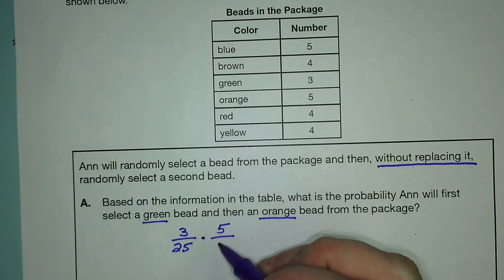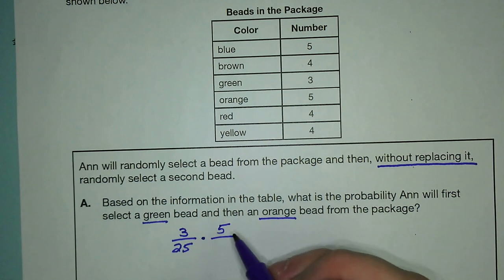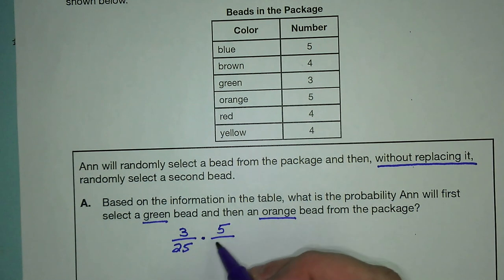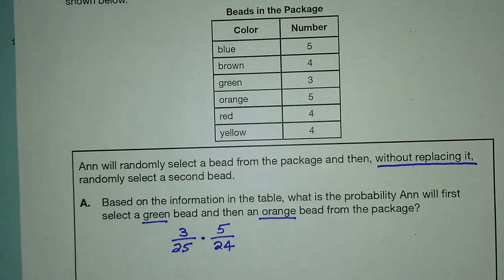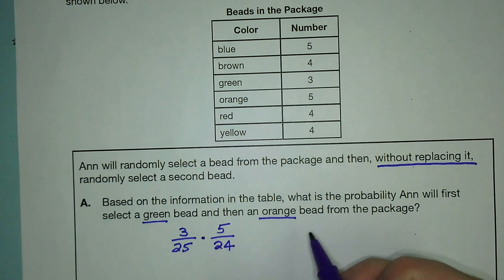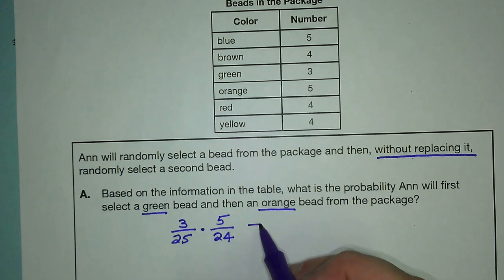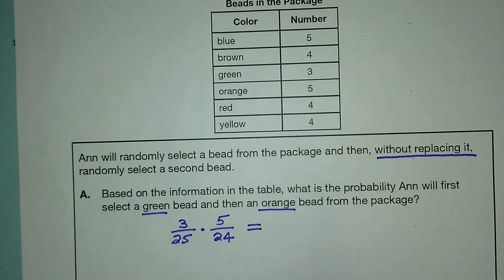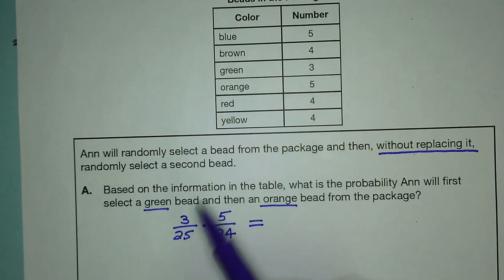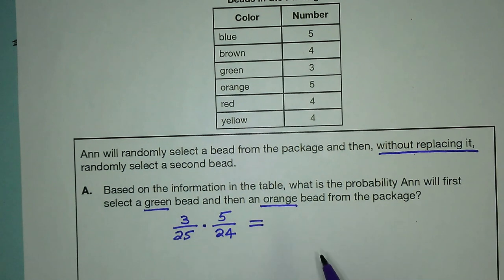But now, the total number of beads is not 25 anymore. It's 24. So the probability of me getting an orange bead on the second pick is 5 out of 24. And like I said earlier, to figure out the overall probability, I just have to multiply these two separate fractions together.